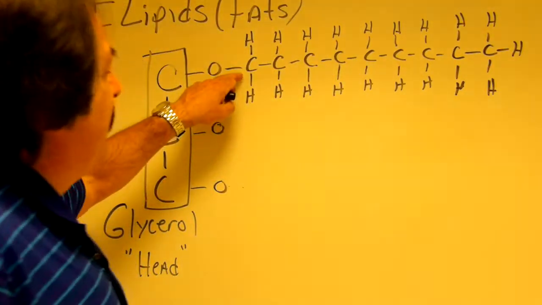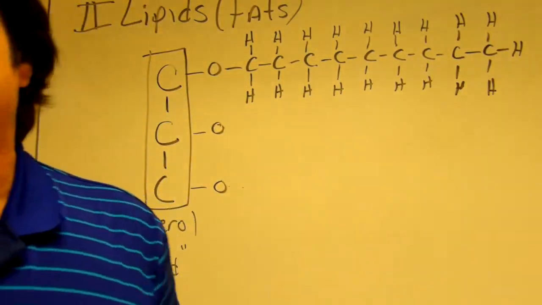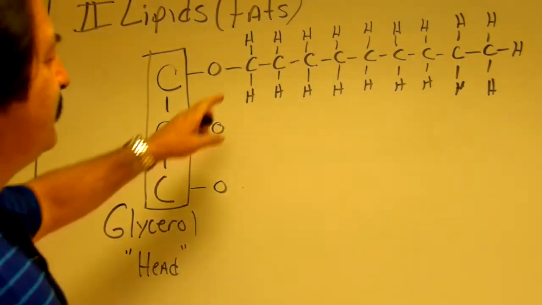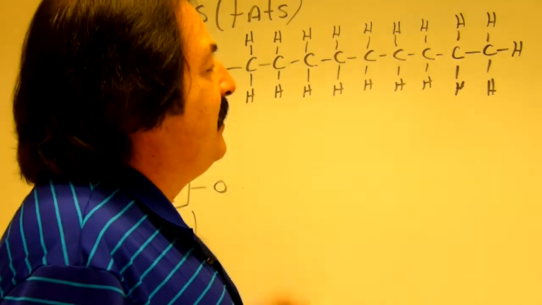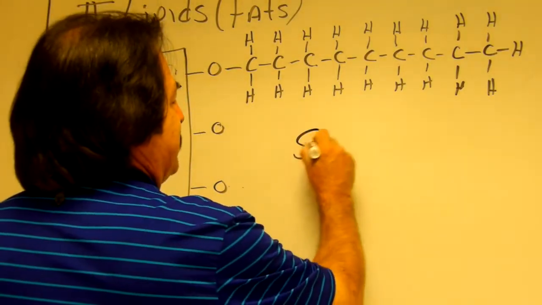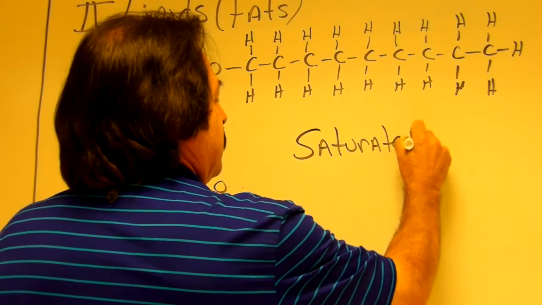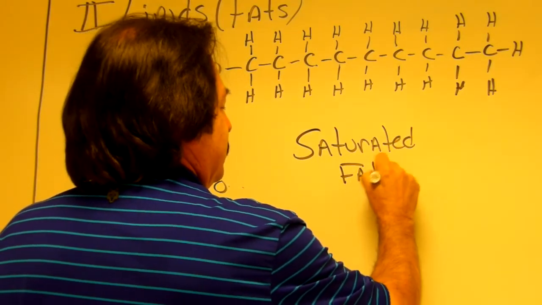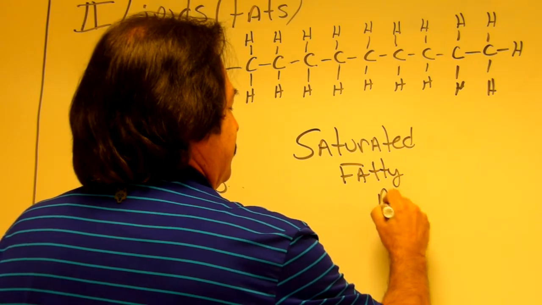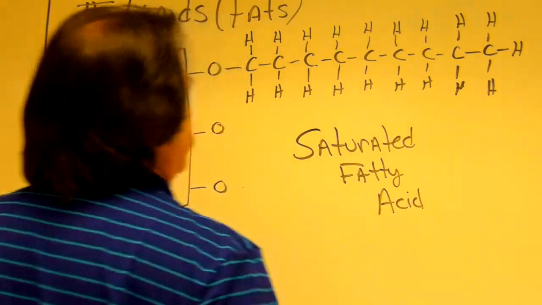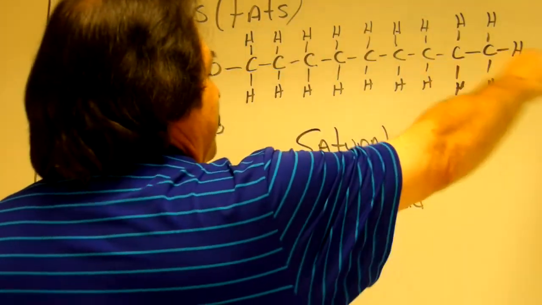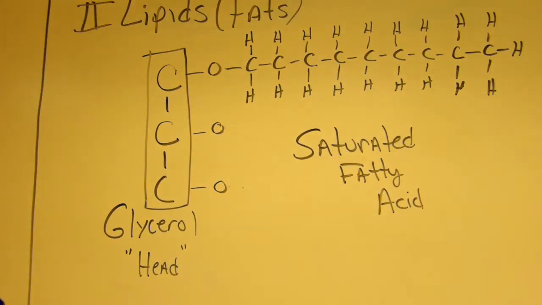All right, if every single carbon has 4 bonds around it, as each one of these does, we call that a saturated fatty acid. So we might ask you to identify this right here, and on your multiple choice, you might have a fatty acid tail.